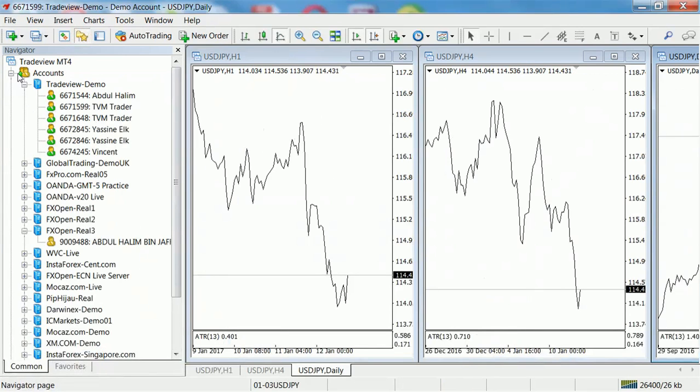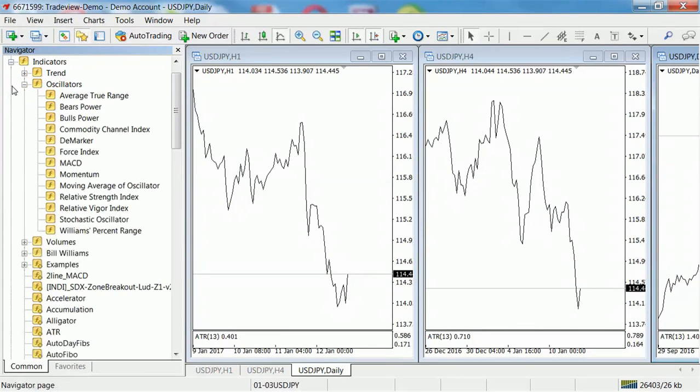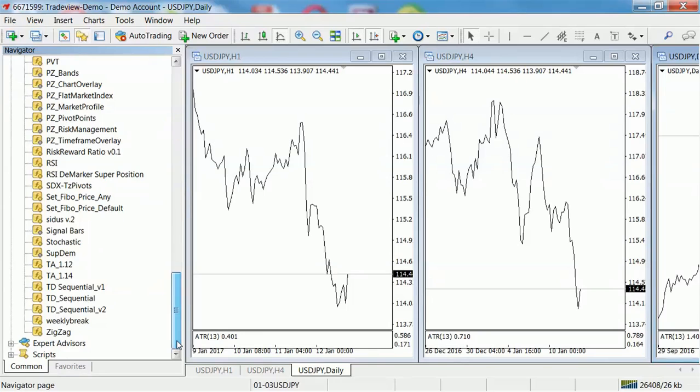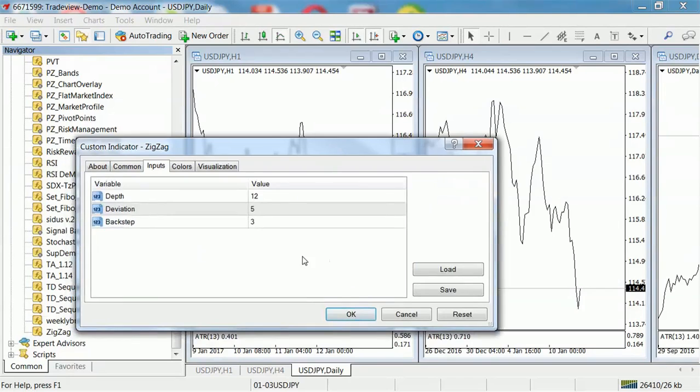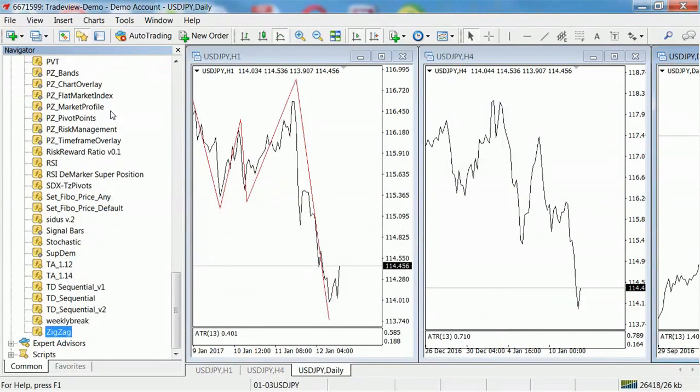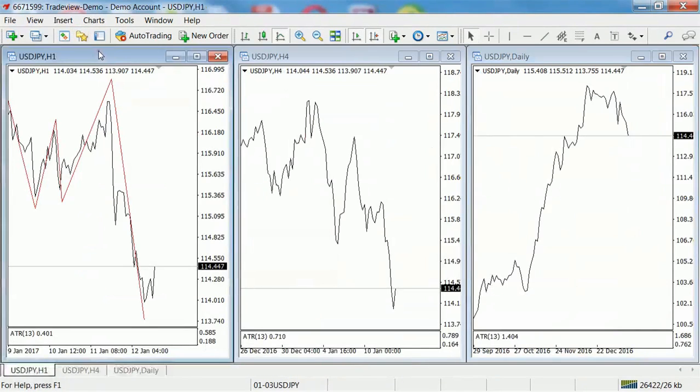You can put the zigzag indicator if you like to help you. Maybe in the beginning you can just put the default setting, and that can help you point out the swings. So it's up to you.